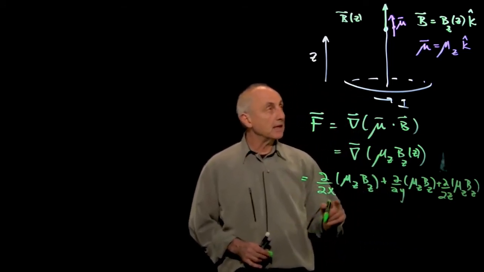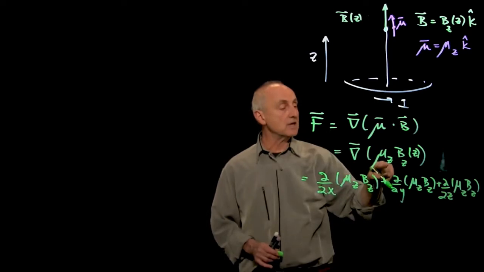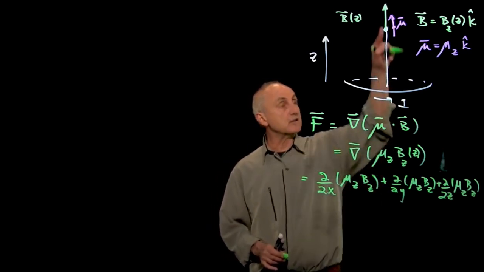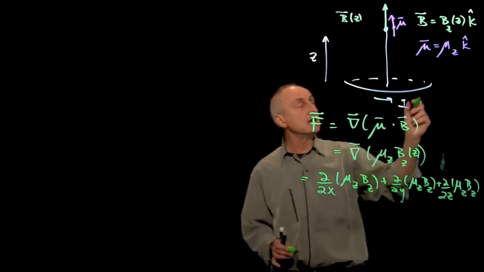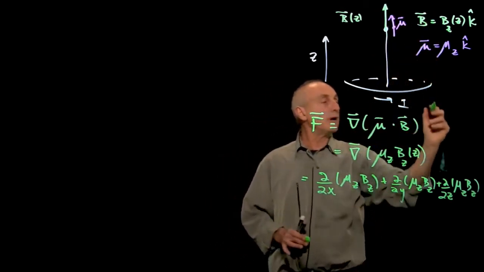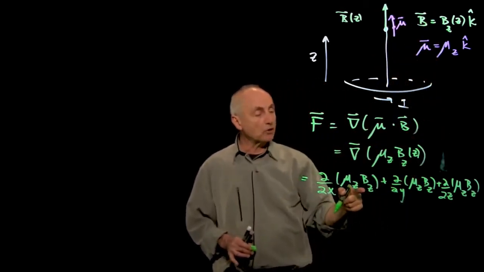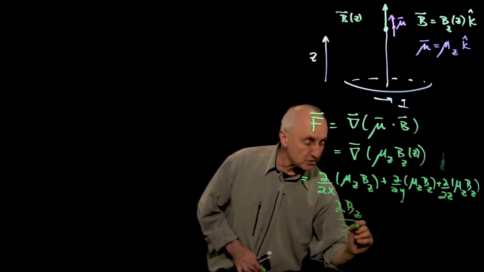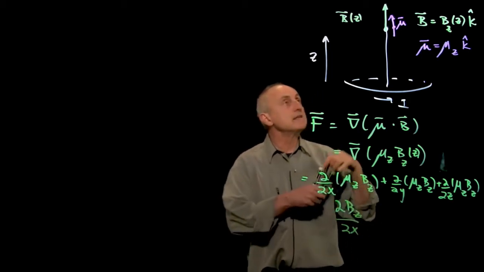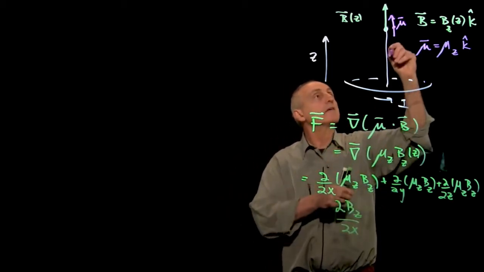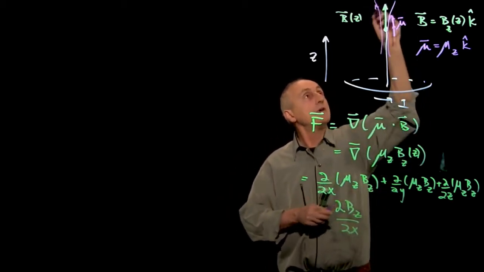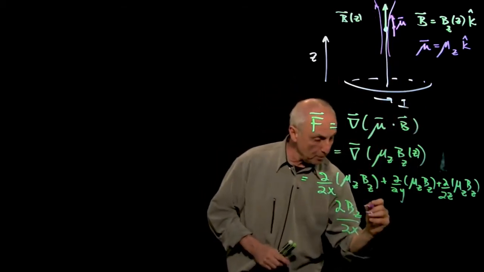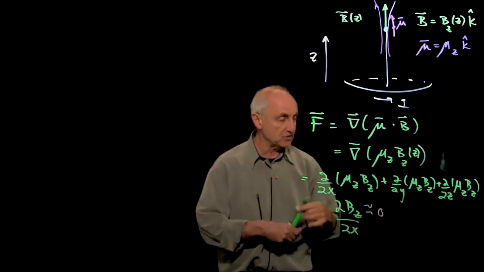Now, in this case, because this is in the z direction, you might ask, is there some partial derivative of the z component in the x direction? Technically, the magnetic field does have a slight change as we go in the x direction, but we're assuming that is essentially 0.